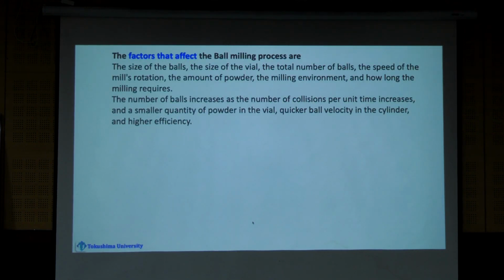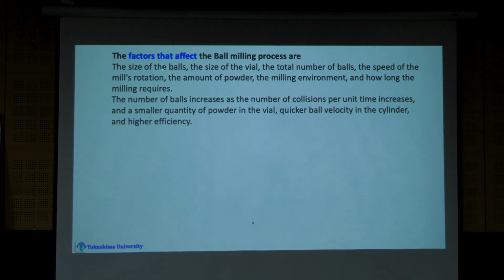So what are the various factors that change the formation of nanostructure? Size of the ball, size of the vial, like the chamber, and what kind of balls we are using: smaller, bigger, or mixed. Some balls are bigger, some are medium, and some are small.